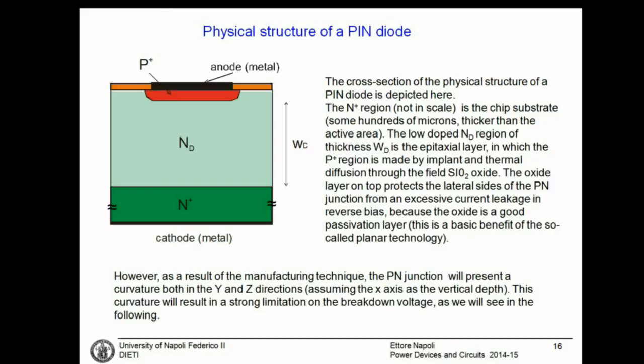In particular, we will see during the next lecture the effect of the curvature on the breakdown, because as you remember from the physics lectures, when you have a curved electric field, the electric field increases.